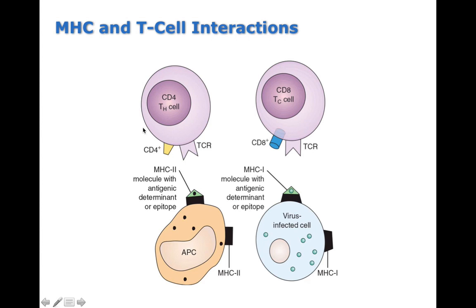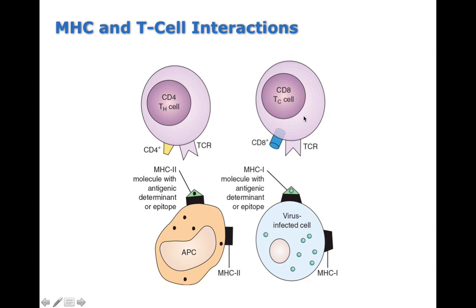Because they can interact with MHC class II, they can recognize molecules that have been engulfed by an antigen-presenting cell. So this is actually extracellular material, right? Because these antigen-presenting cells will engulf something extracellular through phagocytosis and then present that using their MHC class II receptor with the foreign antigen attached and present that to a CD4 positive T helper cell.